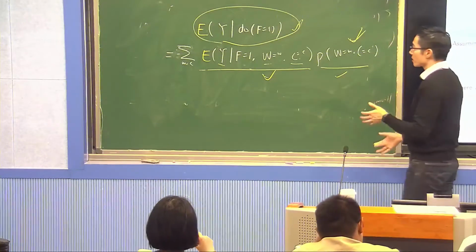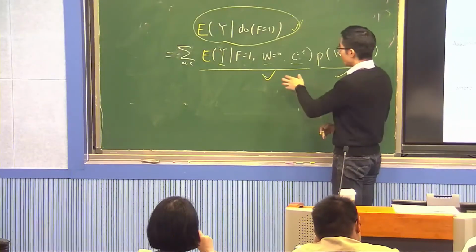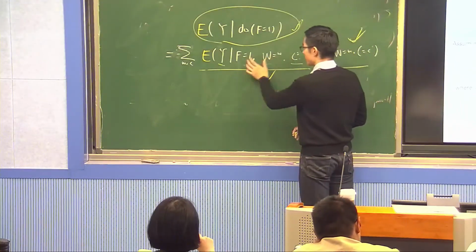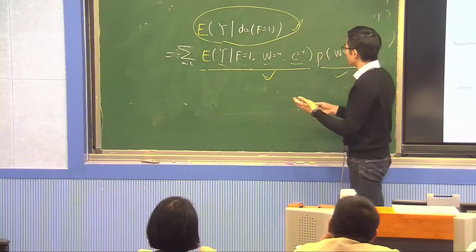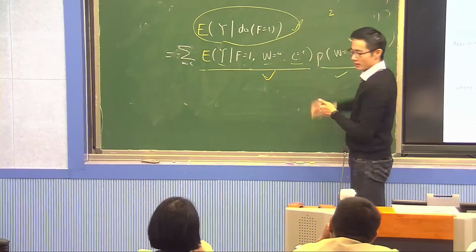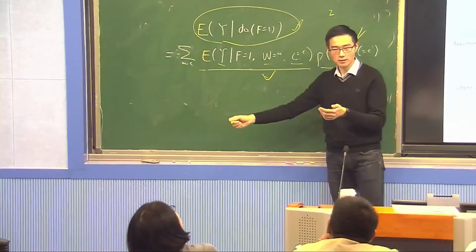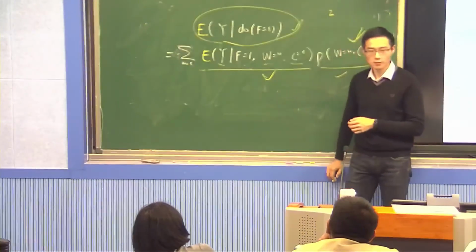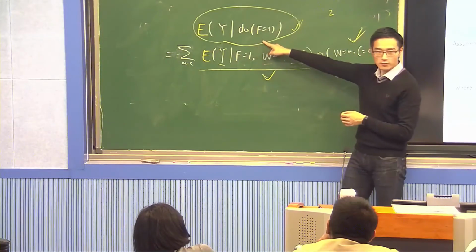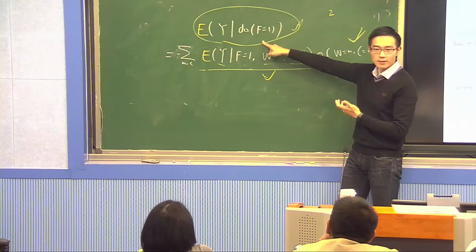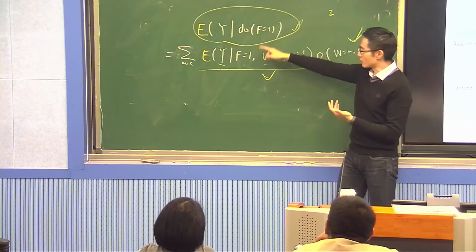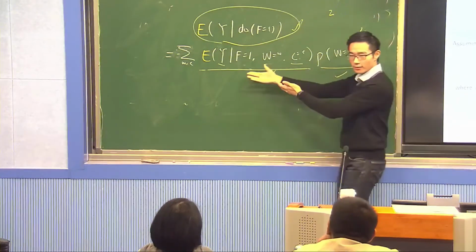Okay? So now let me ask you, if I observe W, C, F, Y, but I only observe 2 data points, W1, C1, F1, Y1, W2, C2, F2, Y2. Can you get this causal effect? Probably not, right? Only 2 data points. You're not going to be able to do anything, because from 2 data points, you cannot get the distribution, you cannot get the expectation.